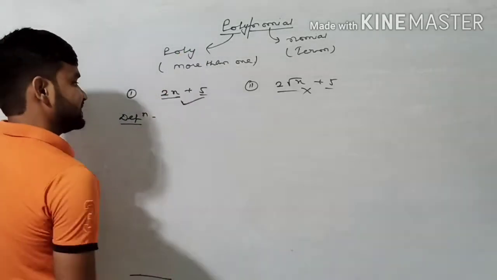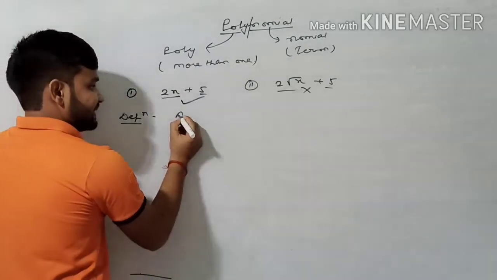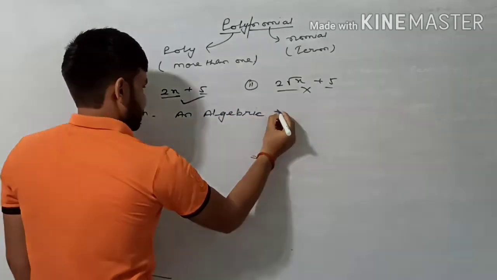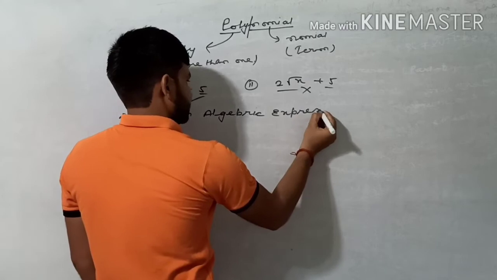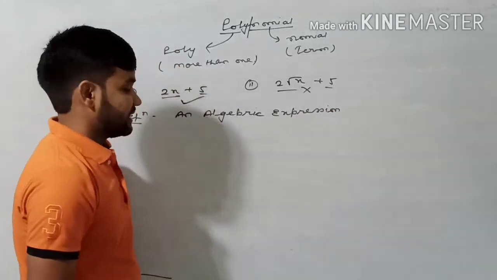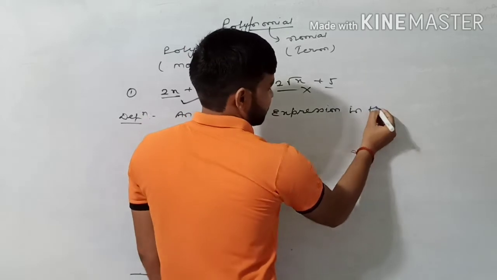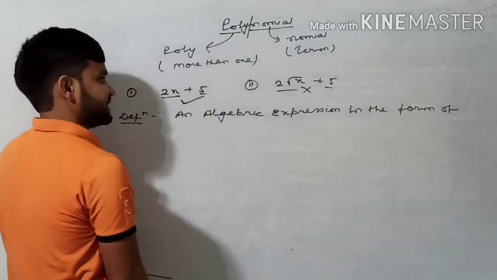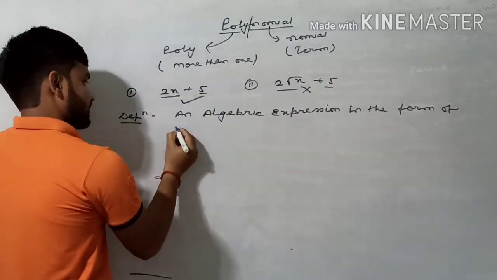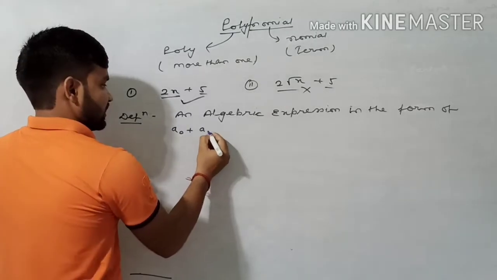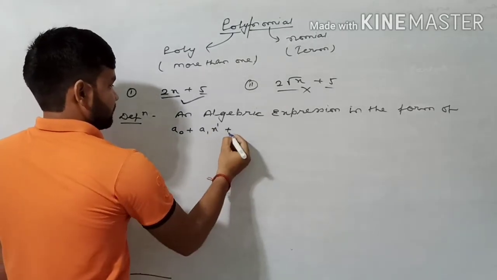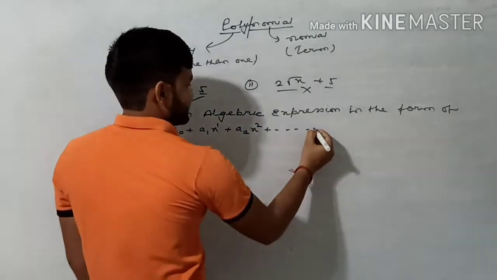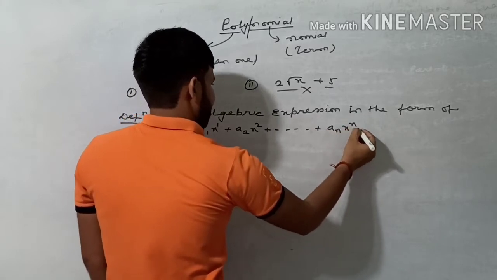The definition of a polynomial is an algebraic expression in the form of a0 plus a1 x to the power 1 plus a2 x to the power 2 plus dash dash an x to the power n.